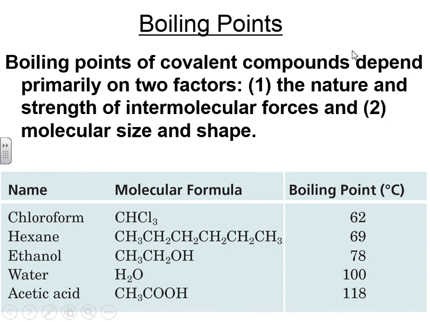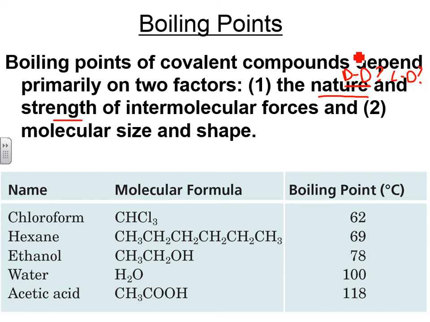Boiling point is one of the ways that we can check that a substance has weaker or stronger intermolecular forces. There are two factors we usually consider when we're discussing boiling points. Number one, the nature and strength of the intermolecular attraction, which means which type of intermolecular attraction do we have? Is it dipole-dipole or London dispersion? Dipole-dipole would be the stronger one.